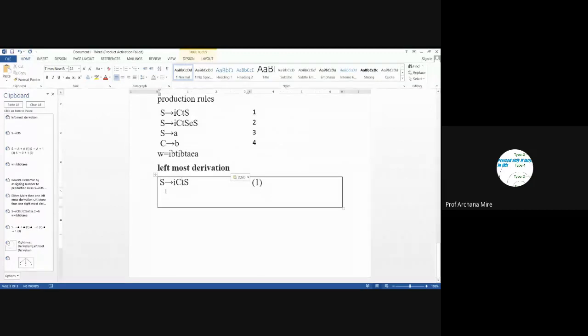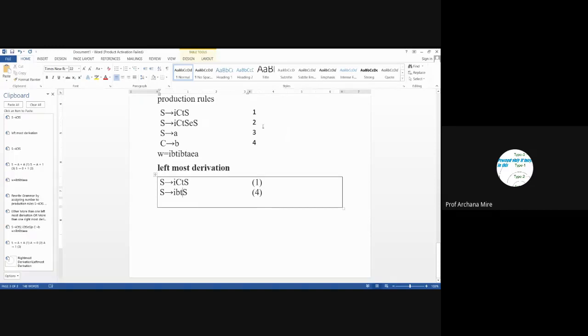So let's replace this C with b by using which production rule? Production rule number 4. Then the next leftmost non-terminal is now this capital S. So we will be applying production rule number 2 here.